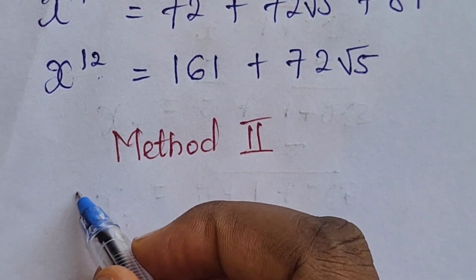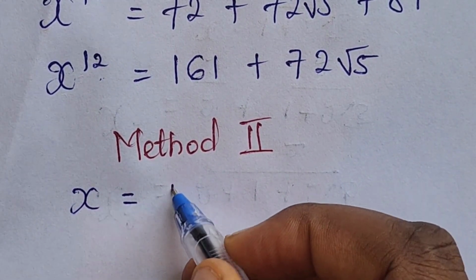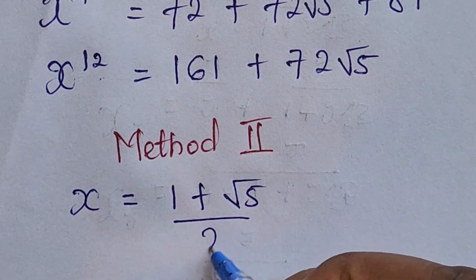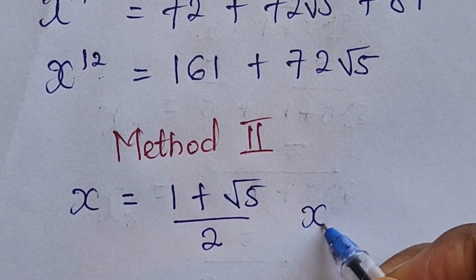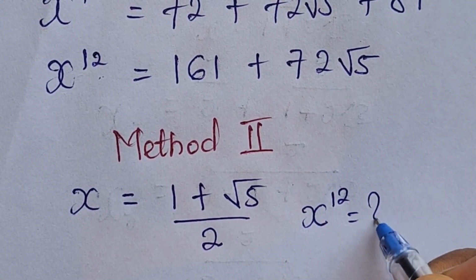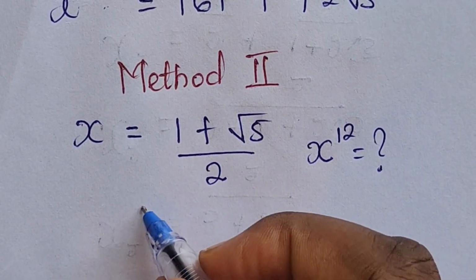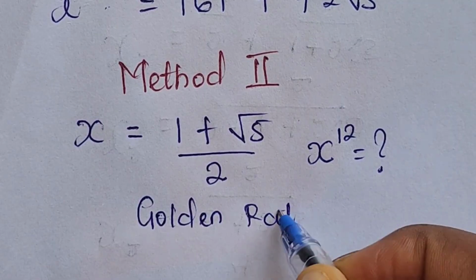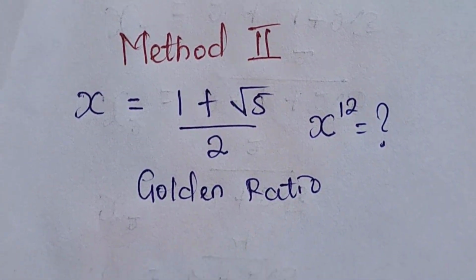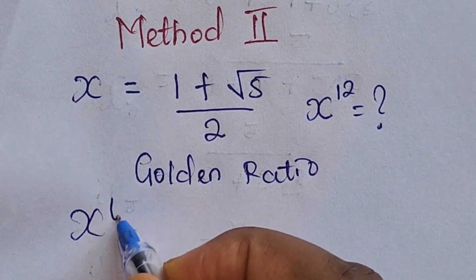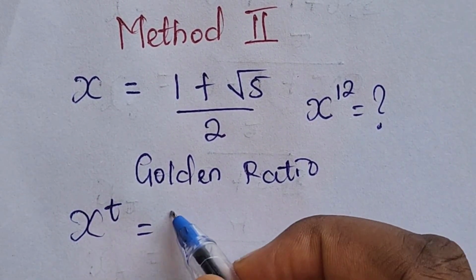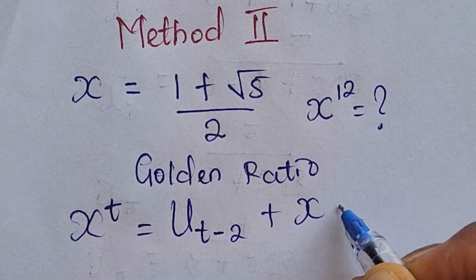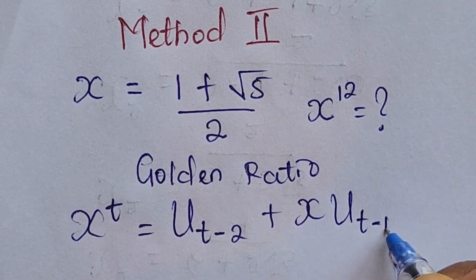Now let's recall that our x is equal to (1 plus root 5) over 2, and we want to find x to the power of 12. We know that this is the golden ratio, and we can use the formula x to the power of t to be equal to u of t minus 2 plus x times u of t minus 1.